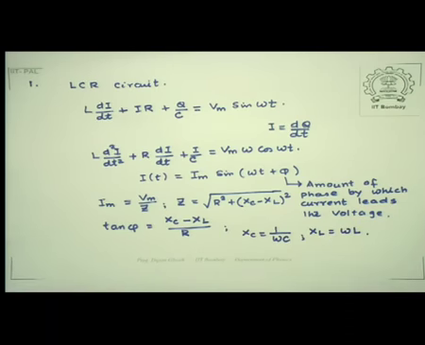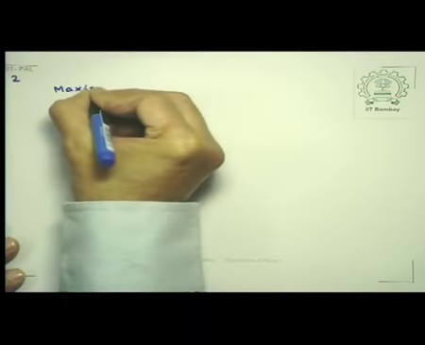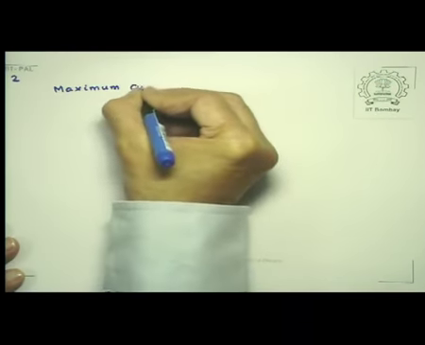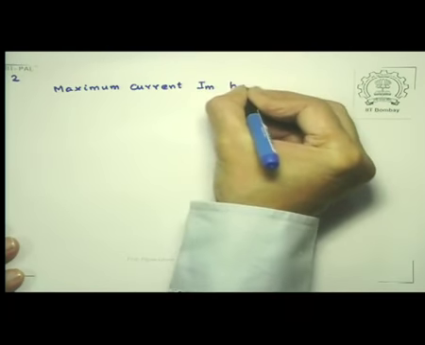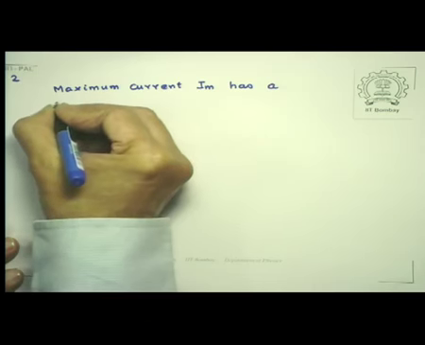Now notice this, that looking at the expression for this current, with Z being here, the expression for Z is this, we notice that the maximum current in the circuit depends upon the frequency of the applied voltage. So the maximum current Im has a frequency dependence.